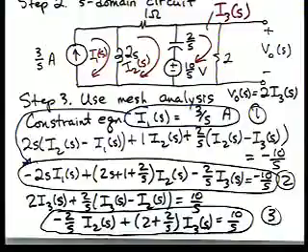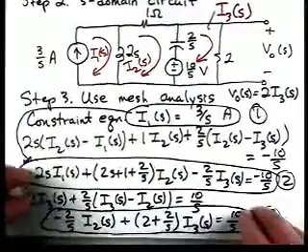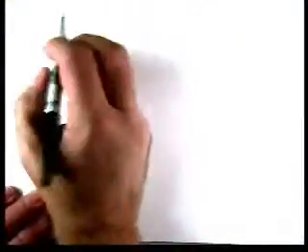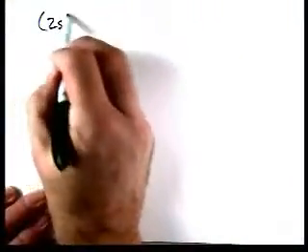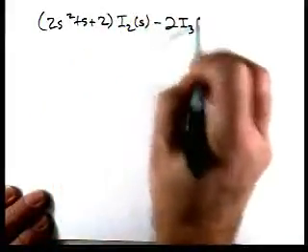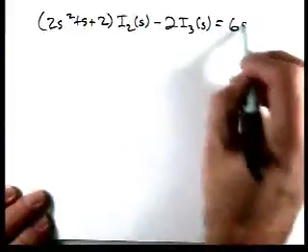Do some simplification. Equation 2, once we make that substitution, becomes (2s squared plus s plus 2) I2 minus 2I3 is equal to 6s minus 10.